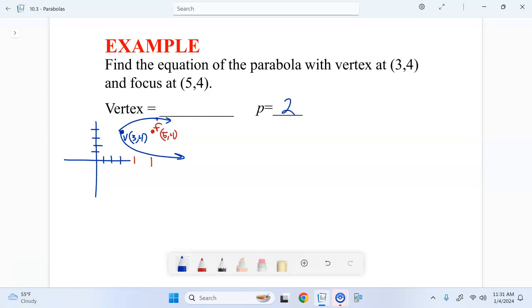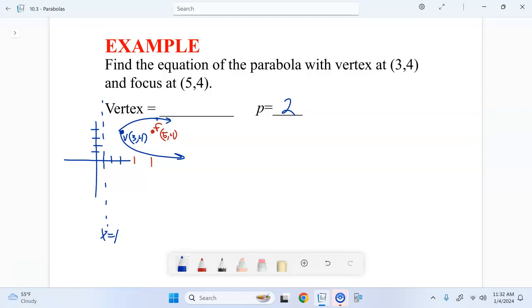So if my vertex is at 3, 4, what's going to be the x value of the directrix? Focus and vertex will be equidistant compared to directrix. So if our p-value is 2, we're going to go 2 units in the opposite direction to get our directrix.